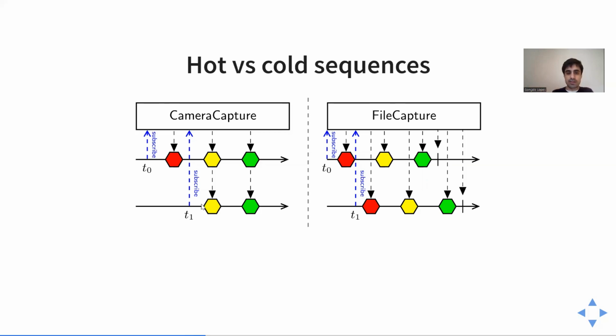And when the second sequence subscribes at time t1, the camera will start serving the same frames to both downstream observers, but it cannot recover any data from the past. It will just get the latest exposures that are coming in, because that's how cameras work. That is what we call a sequence that is set to be hot.